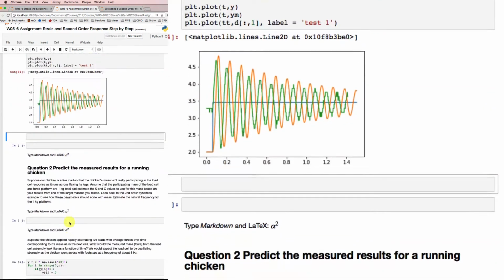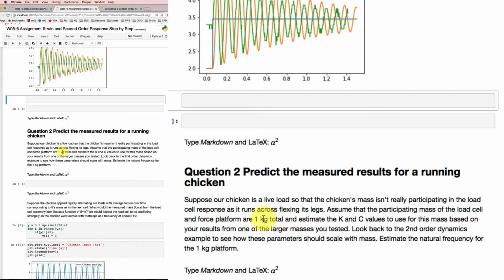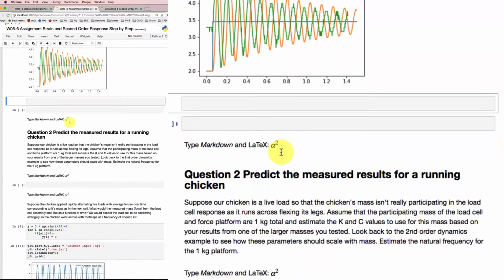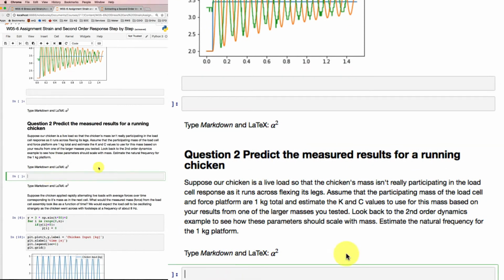So down here with the chicken, it's telling me I should assume that I've got a 1 kilogram total mass. So if I only had 1 kilogram of mass, then what would my coefficients be? Well, 1 kilogram divided by 3.45 kilograms, that would be a ratio of the two.